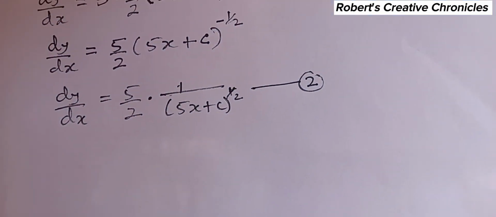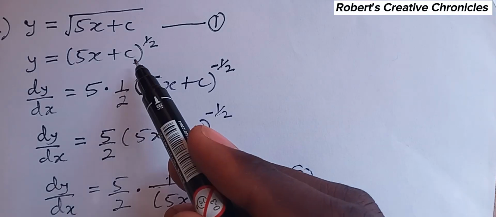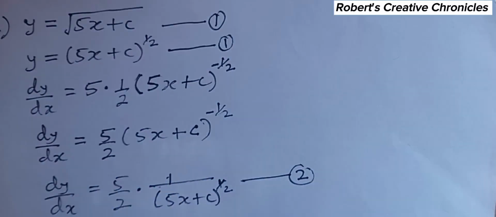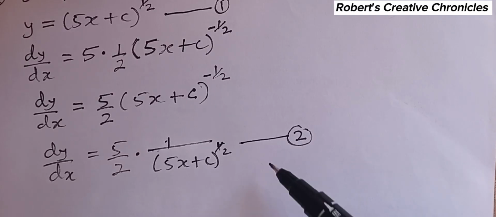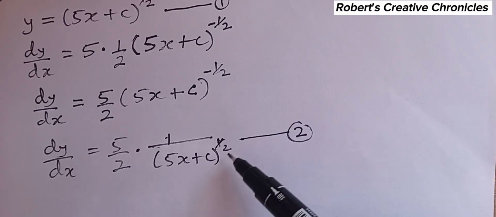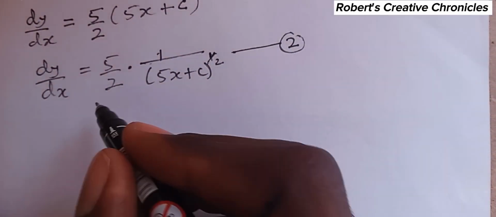So now we will substitute this equation 1, this one is also equation 1, it's equal. So we'll substitute equation 1 into this equation 2, this 5x plus c raised to the power of half.